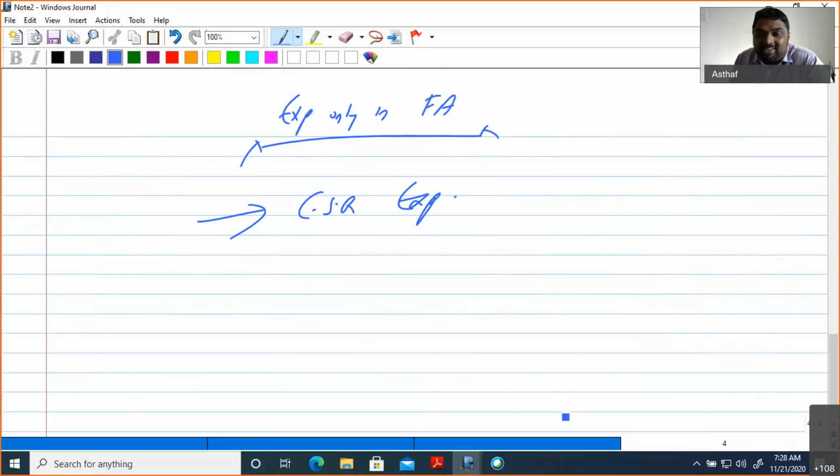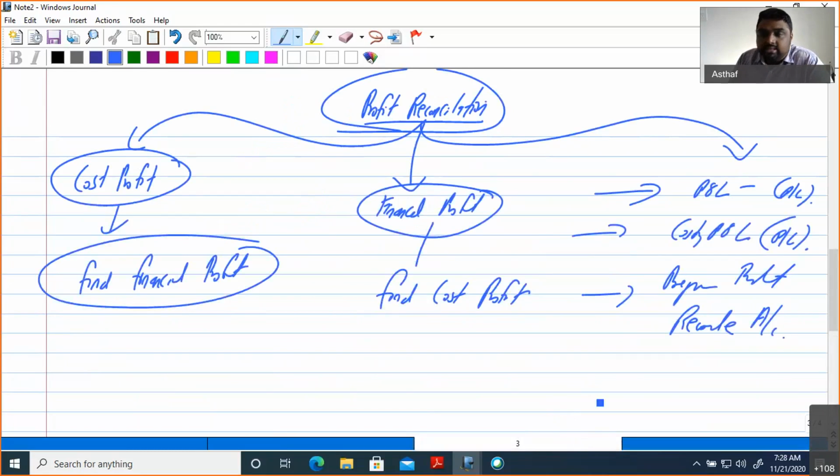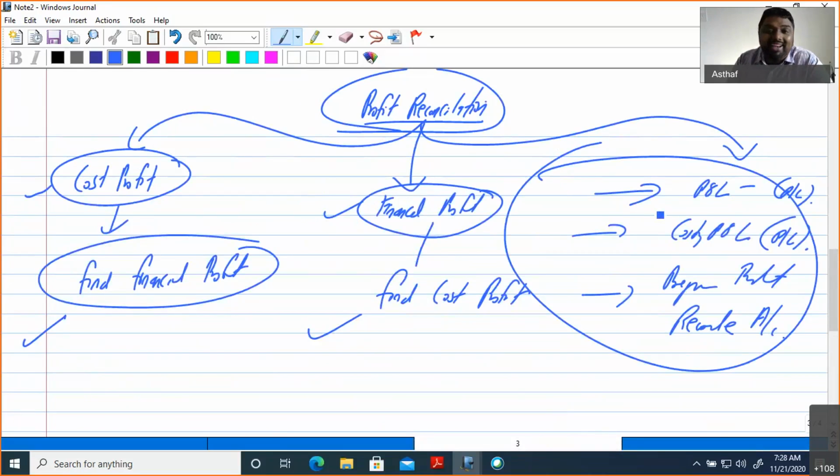So before starting the problem, let me highlight once again. These are the three ways they will test. Either they will give the cost profit and we have to find the financial profit, or they will give the financial profit and we have to find the cost profit, or by preparing the P&L and cost sheet we have to find out everything.